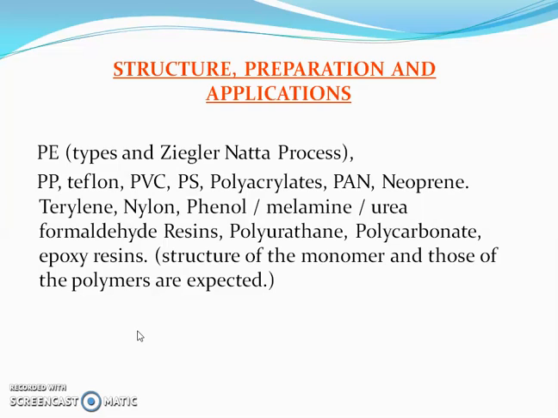Then polypropylene, Teflon, PVC, PS, polyacrylate, PAN, neoprene, terylene, nylon, phenol, melamine, urea, formaldehyde resin, polyurethane, polycarbonate, epoxy resin. These are the structures of the monomers and those of the polymers. You can expect questions on these points.